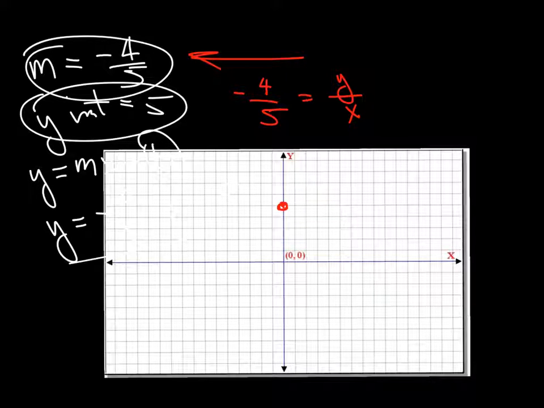What that means is we start with the negative 4, and with y, you go up or down. So we go down 4: 1, 2, 3, 4. Then we go left or right 5. In this case it's positive, so we go right 5: 1, 2, 3, 4, 5.